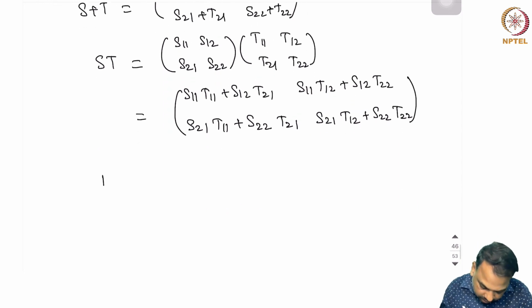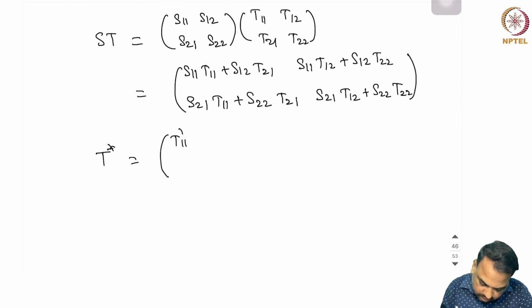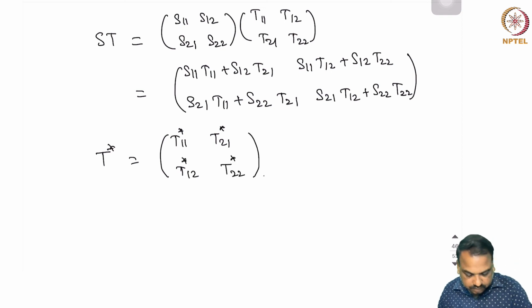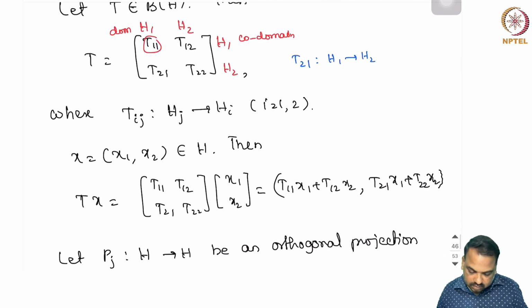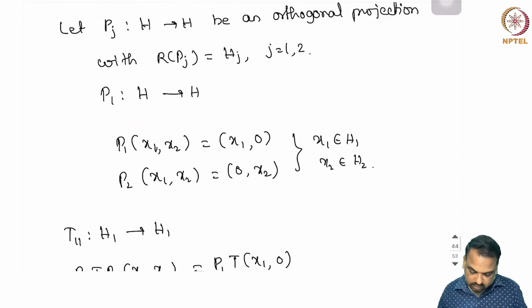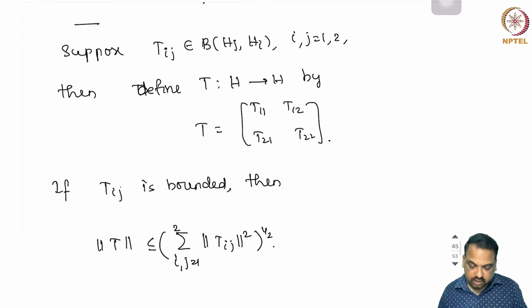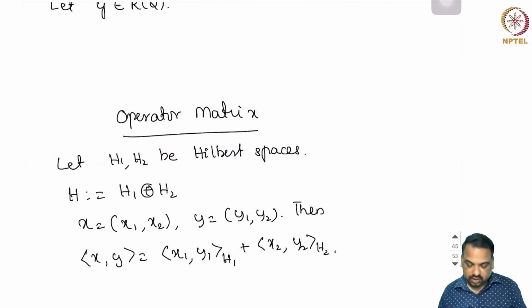Then T star is nothing but similar to the adjoint of a complex matrix. This is T11 star, T21 star, T12 star, and T22 star. I am repeating, these are the operations we can have on B of H1 direct sum H2.